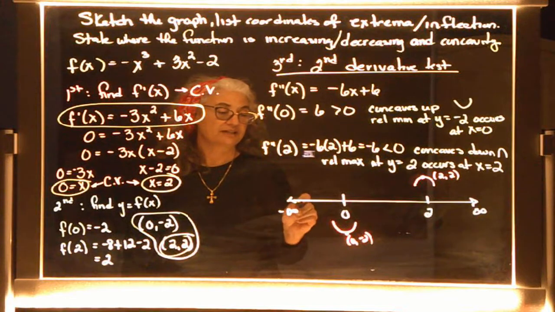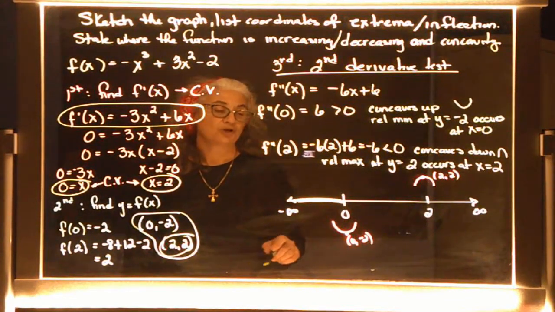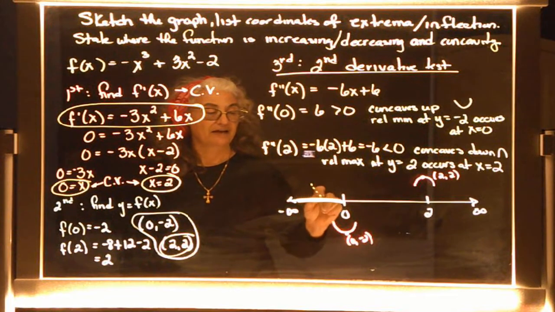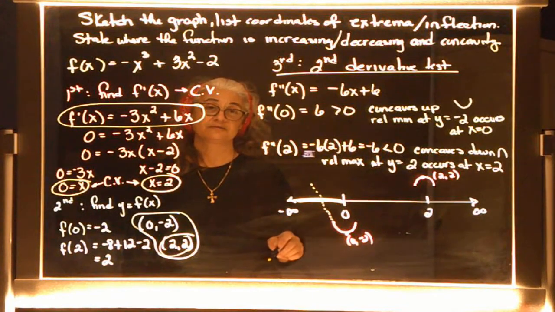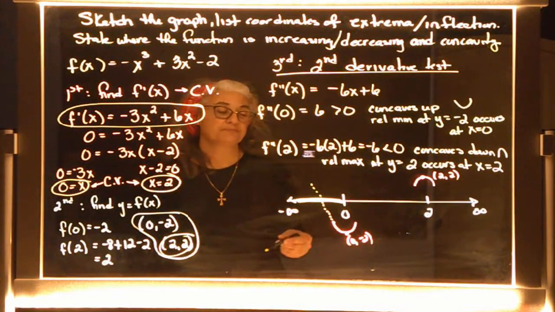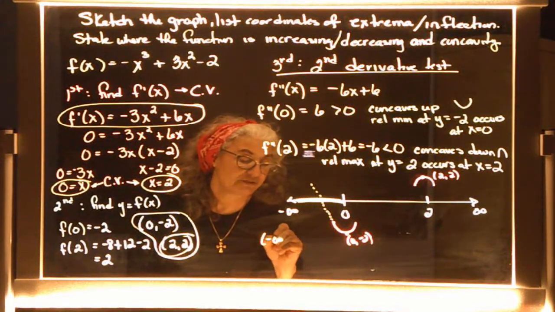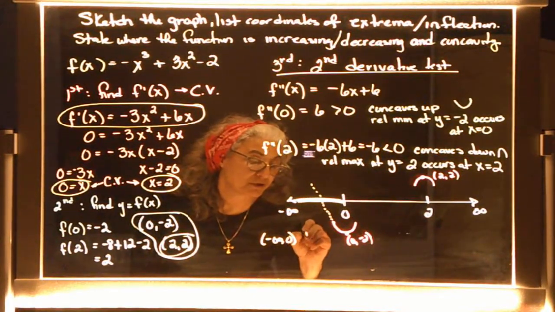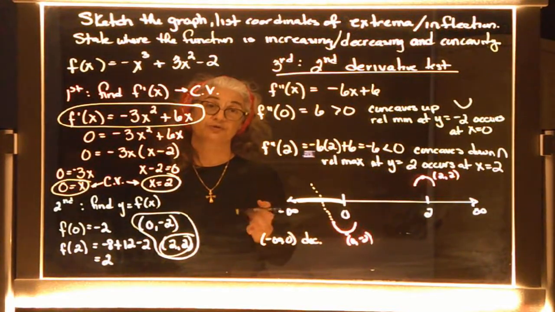From negative infinity to 0, wouldn't this graph have to be coming down this direction to connect with this part of the concave? It would, wouldn't it? Which means from negative infinity to 0, that part of the graph would have to decrease, wouldn't it? Do you agree?